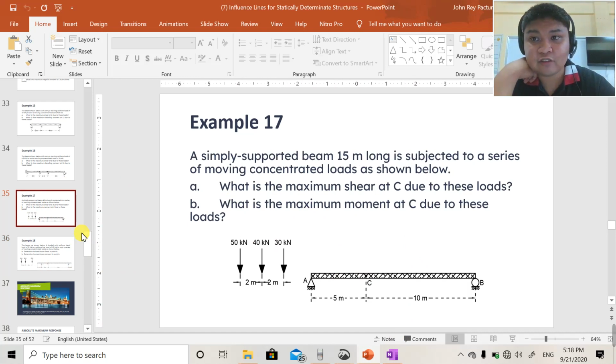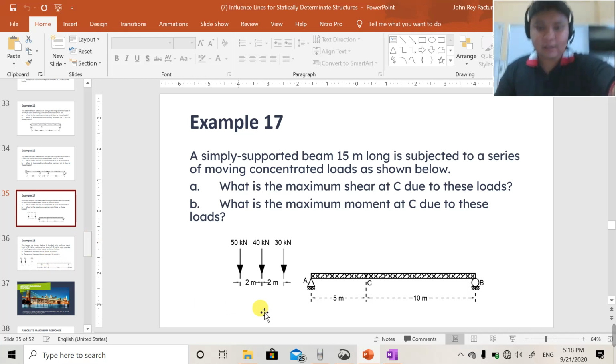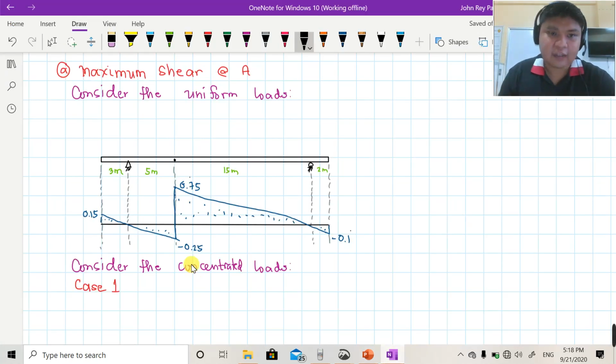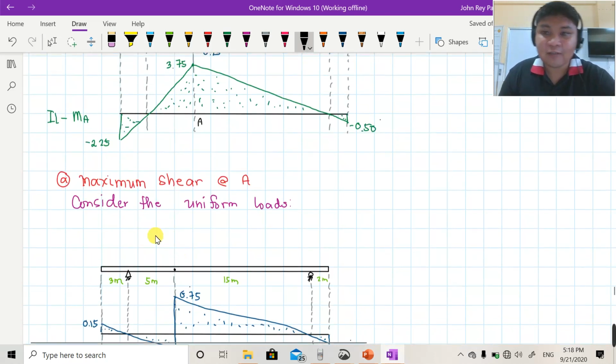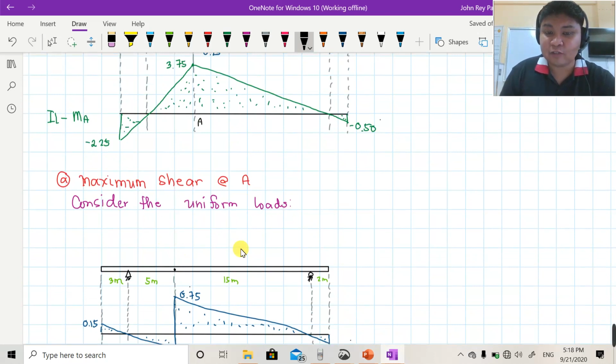So therefore, we need to consider those two uniform loads. So how? What you will do, here in my OneNote, is maximum shear at A. So I have two considerations. The first is to consider the uniform loads first.